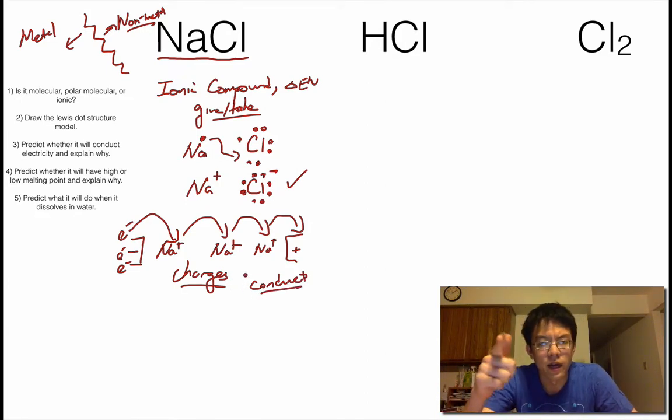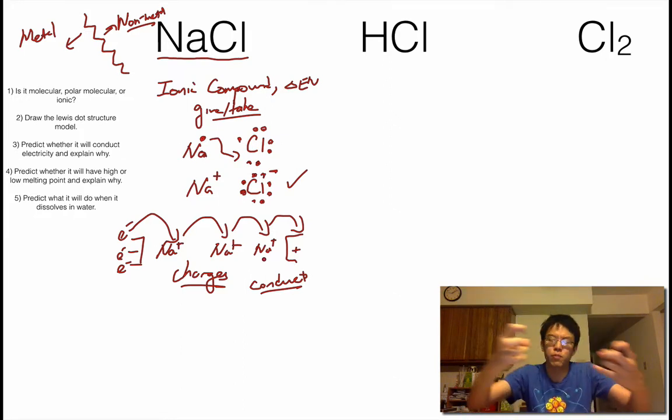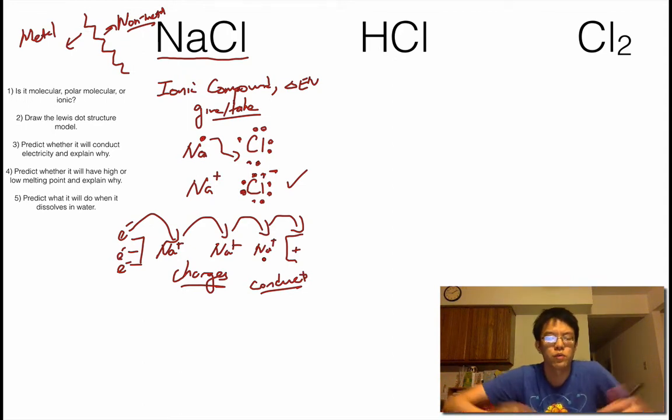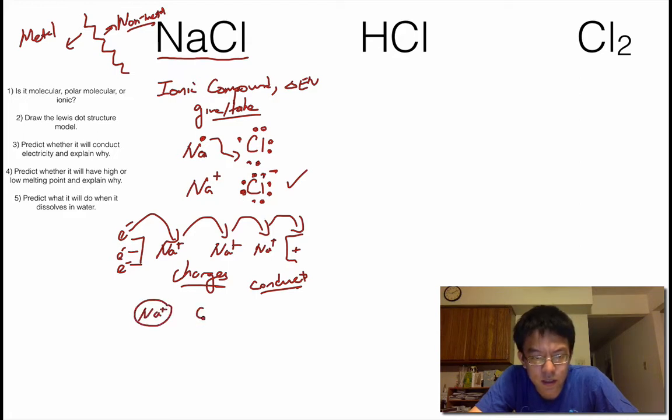All right. Now, we want to predict, okay, do ionic compounds have high or low melting points? In other words, is it going to be hard to separate the atoms and make them into liquid when they're solid? And again, to think about this, we want to look at their charges. And we know if you have Na plus and Cl minus, okay, opposites tend to attract.